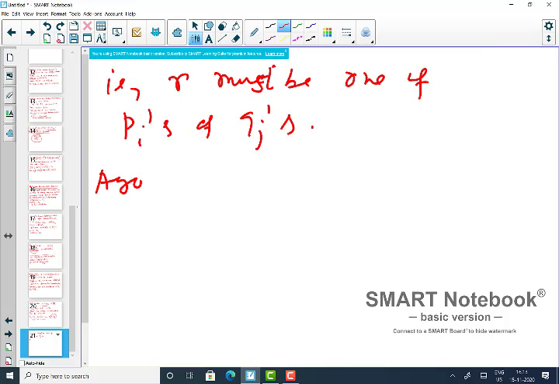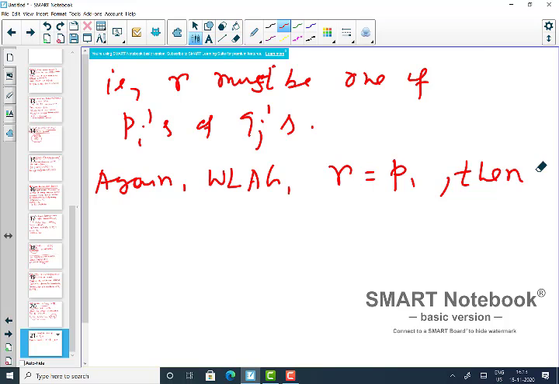Again, without loss of generality, assume that R equals something, say P1. You can choose anything, it doesn't matter. Then what happens? If R equals P1, then your X can be written as... or maybe up to associates.